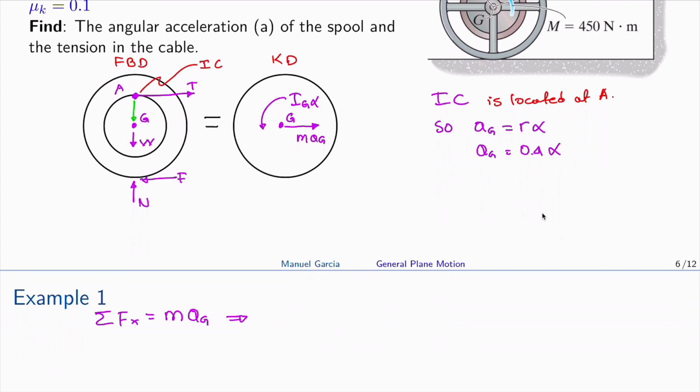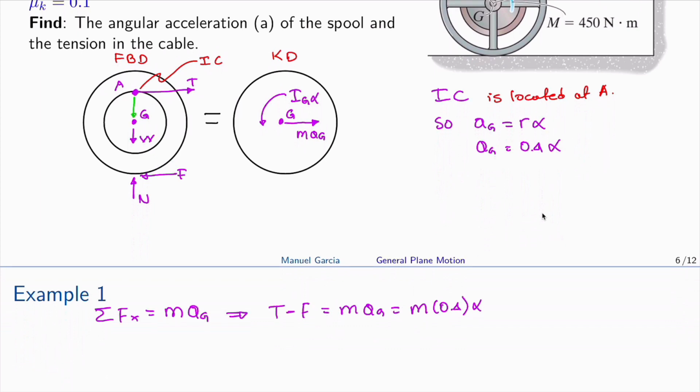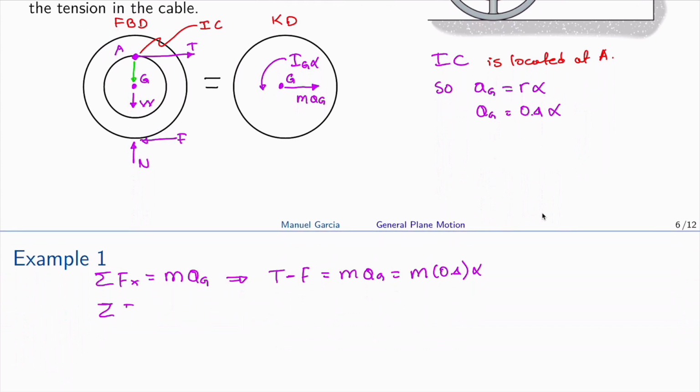The horizontal forces are F and T, so T minus F equals mass multiplied by the acceleration of G, and the acceleration of G is equal to 0.4 alpha, so this is equal to mass multiplied by 0.4 alpha. Now the sum of the forces in Y equals mass multiplied by the acceleration of G in the Y direction, which is 0.